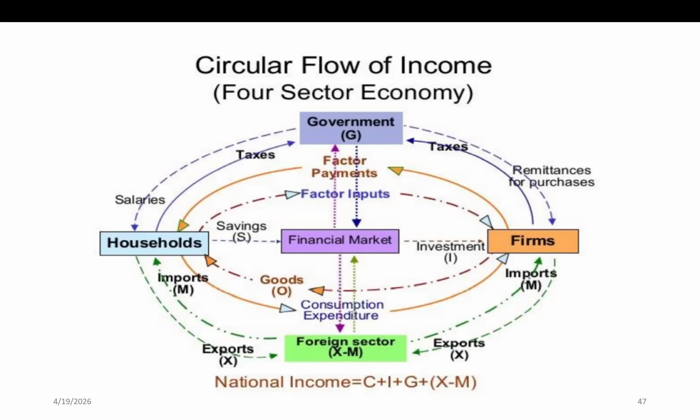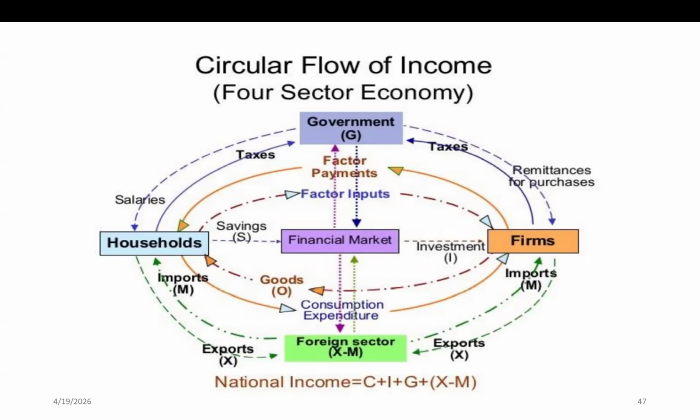And apart from that, the financial market is also there, that is where the financial intermediary comes into the picture. That is the banks and the financial institutions. The money that is earned by the households will be saved in the financial market or in the banks and the financial institutions.